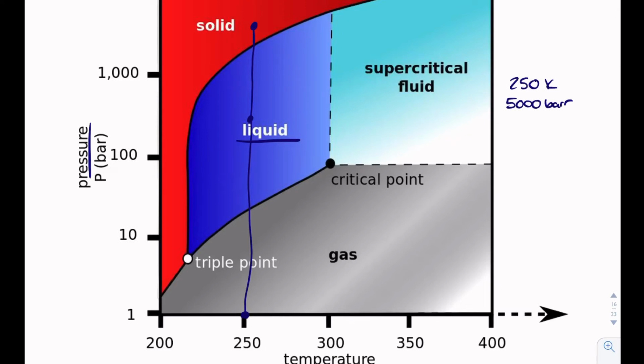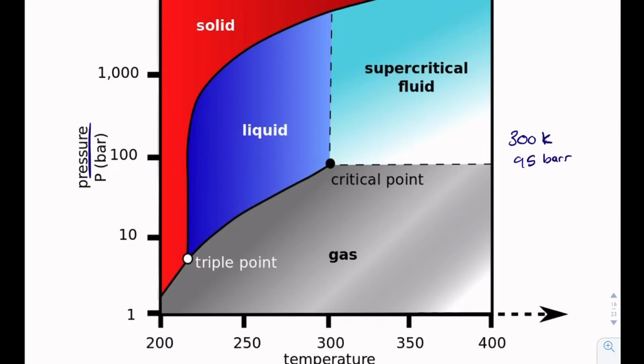Let's say we had a different situation, and we had, I don't know, 300 Kelvin and maybe 95 bar. Actually, hold on, let me change that to do a better example. Let's say we had 250 Kelvin and 10 bar. Well, 250 Kelvin, 10 bar is right about here, so we'd have gas phase.